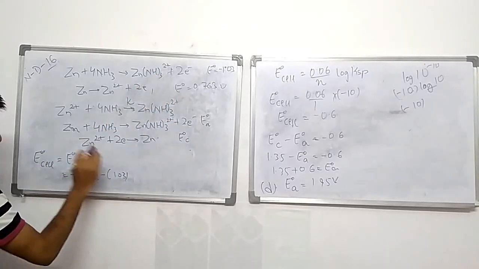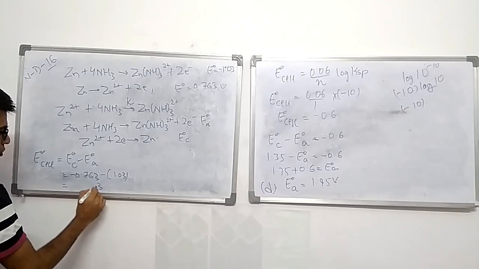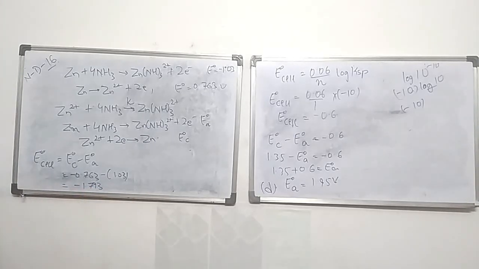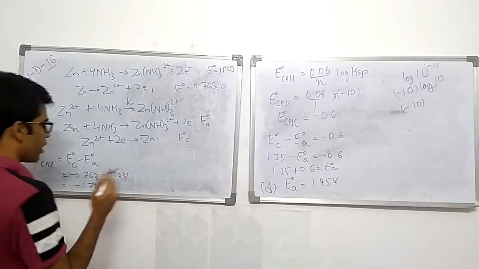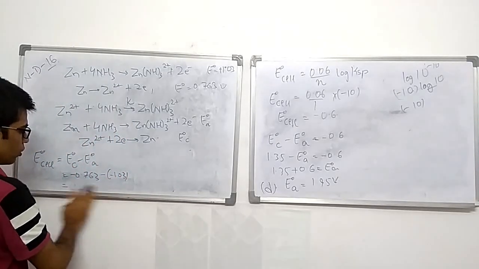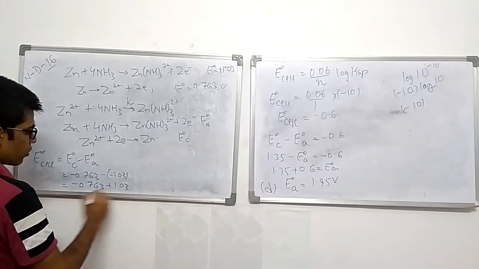There was negative, so it has become positive now. Okay, so this was positive. I made a mistake. So that is positive, this becomes negative, and both change to 0.763 plus 1.03.